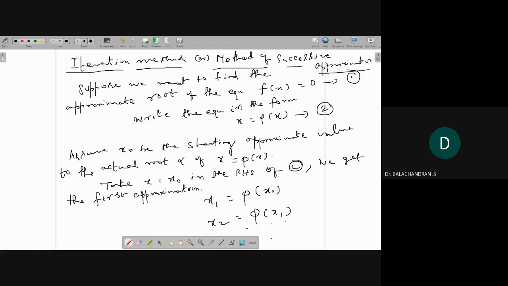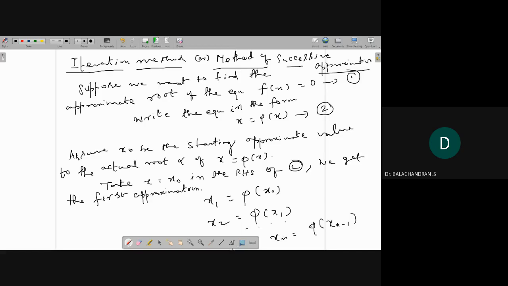Finally, xn equal to phi of xn minus 1. The sequence of approximate roots x1, x2, x3, x4 up to xn, if it converges to alpha, is taken as the root of the equation f of x is equal to 0. So this is the procedure.